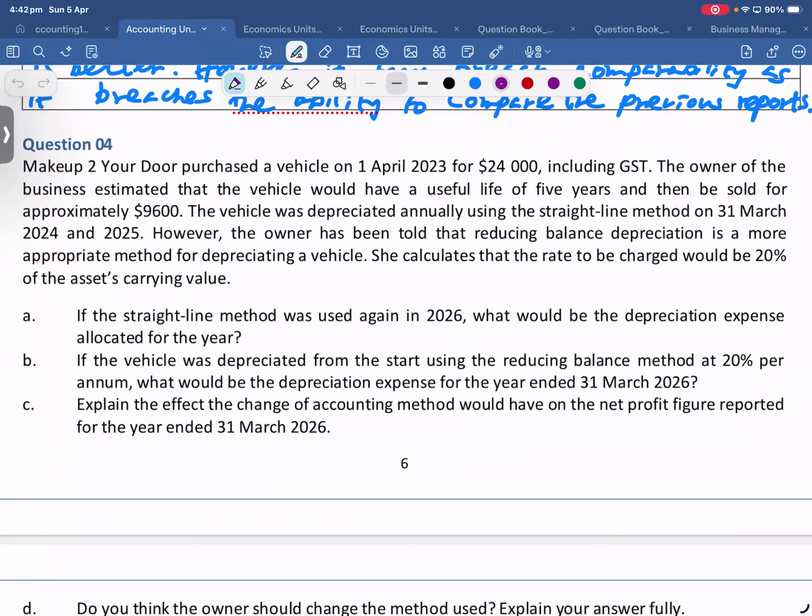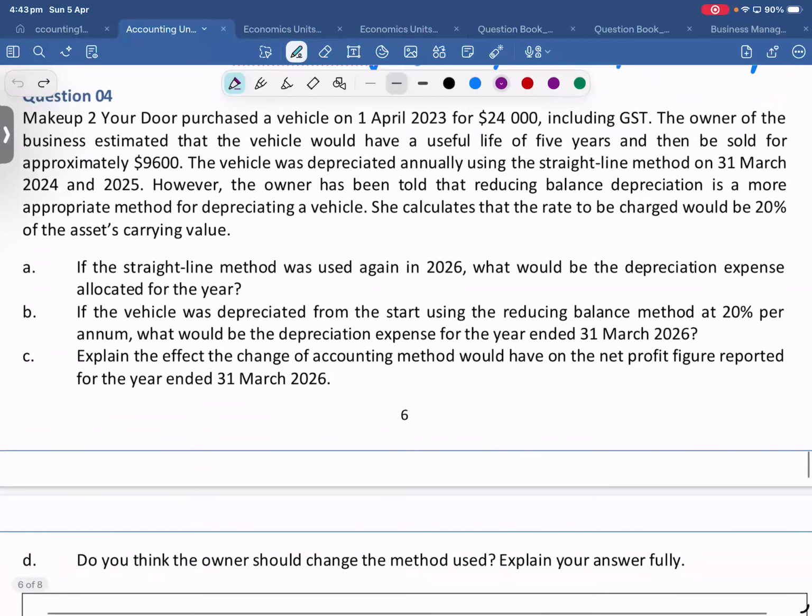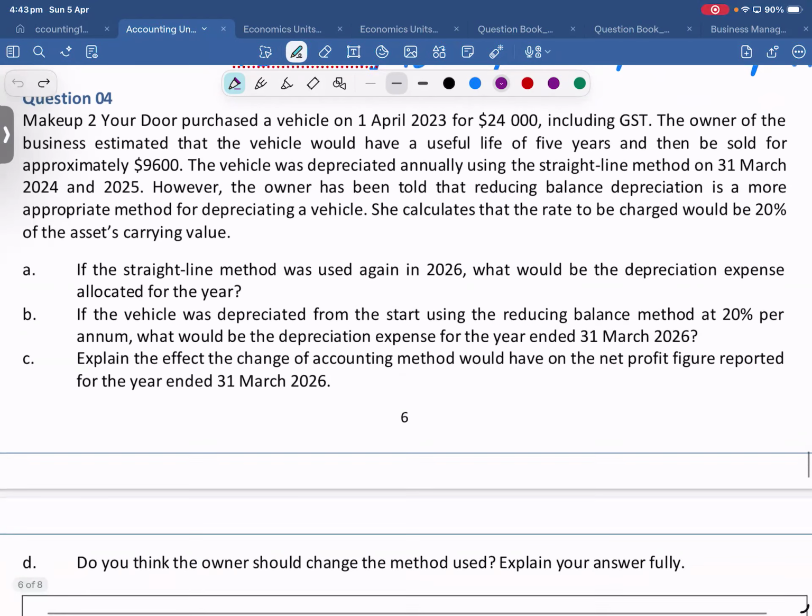The vehicle was purchased for 24,000, including GST. Did you calculate the GST on this one, or did you consider it as with GST? Excluding GST? Okay, we can take it that way as well. Anybody did it with decimals? No. You rounded it? Okay, all right.